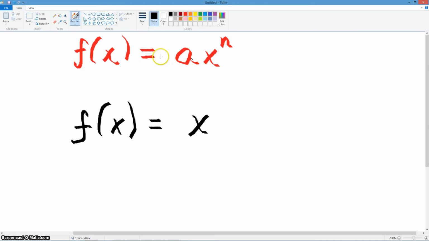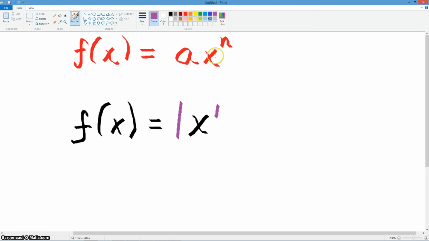Is it in the form that is above, the generic form? Some of you all probably say yes, some of you all probably say no, but the true answer is it is. Because what number, imaginary number, is in front of the x as a coefficient? 1. And this is x to what power, even though you don't see it? 1, x to the first power.